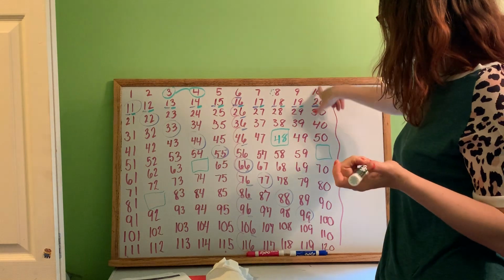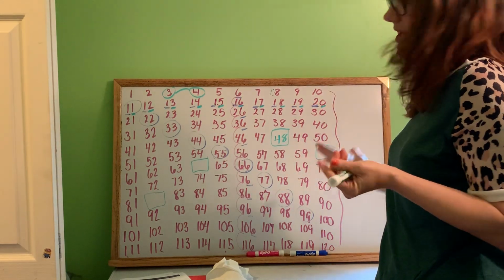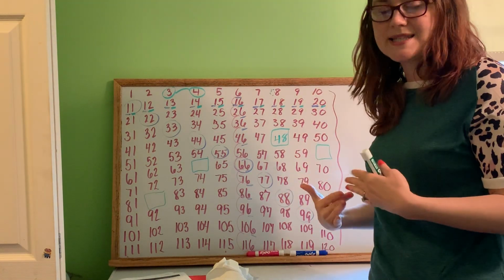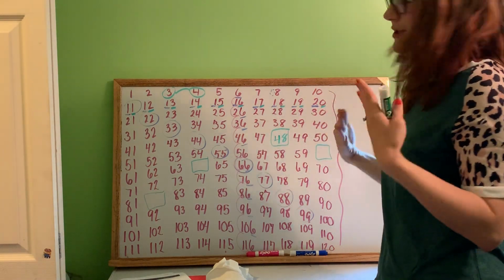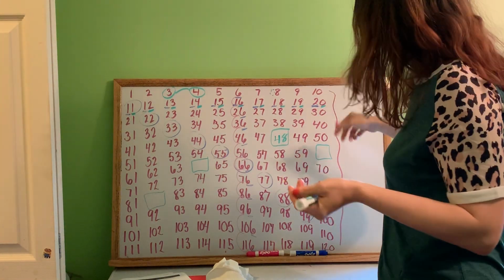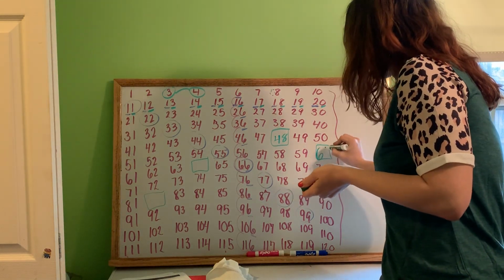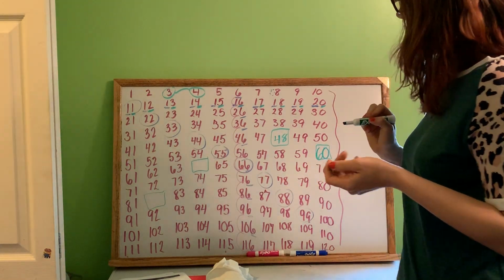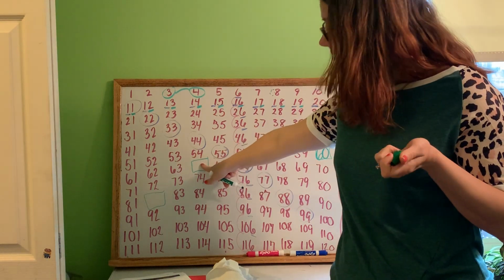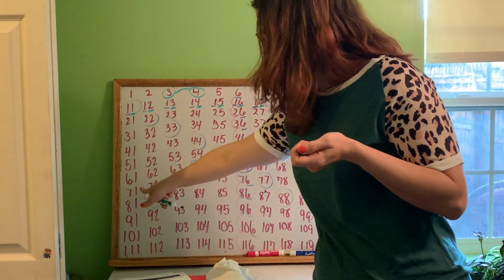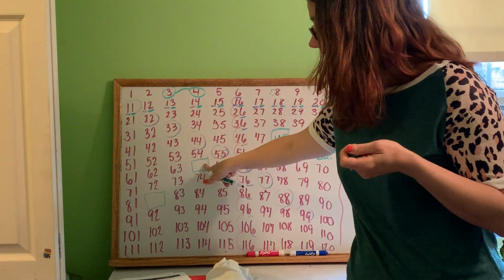Now, when we get here, this is usually the easiest row for everybody because they have counted by tens with a 10 number since they've been in kindergarten. So they can usually just go 10, 20, 30, 40, 50, 60 and fill that in. When we're looking here, again, you may have those kiddos who go 61, 62, 63, 64.